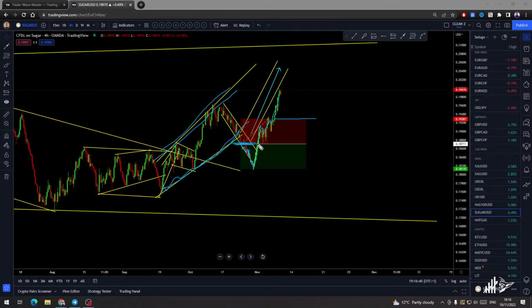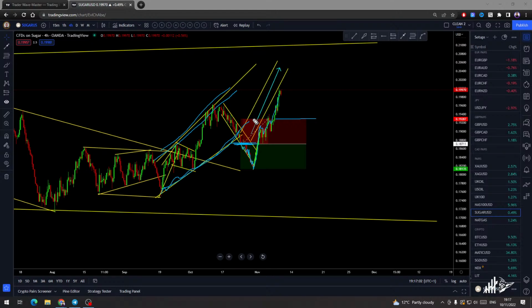Okay, so this is the problem. This is the 4 hour example, but exactly the same example will appear on 5 minute, 1 minute, 15 minute, 1 hour, whatever. It's always the same. Market and structures are not different on lower time frames.